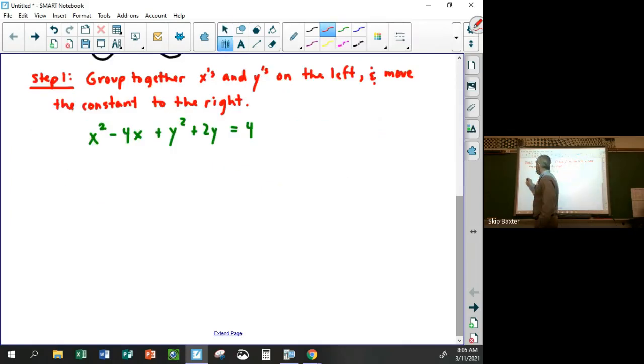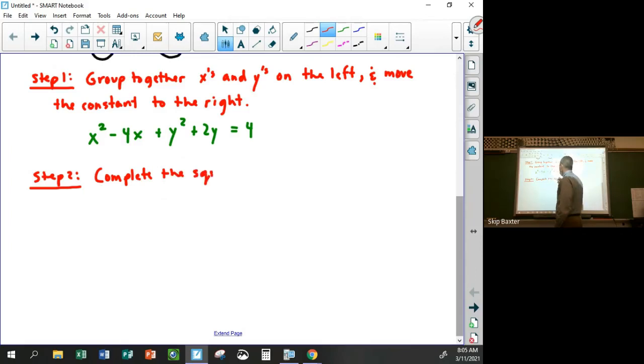The next thing you're going to do, step 2, is to complete the squares, plural. There's 2 squares here. There's an x term square, and there's a y term square. I'm going to complete both the squares in x and y.